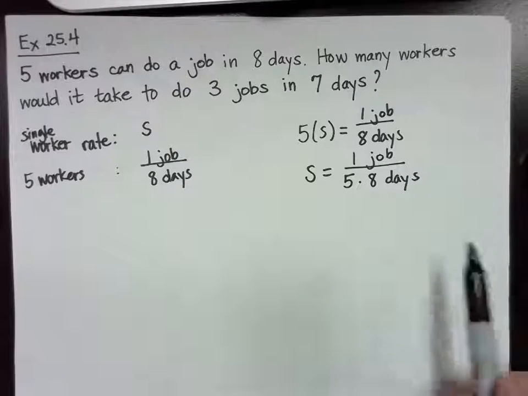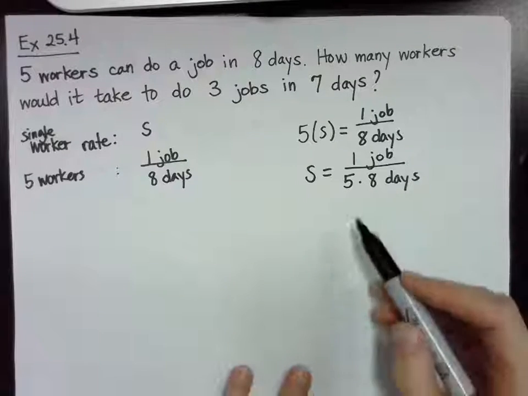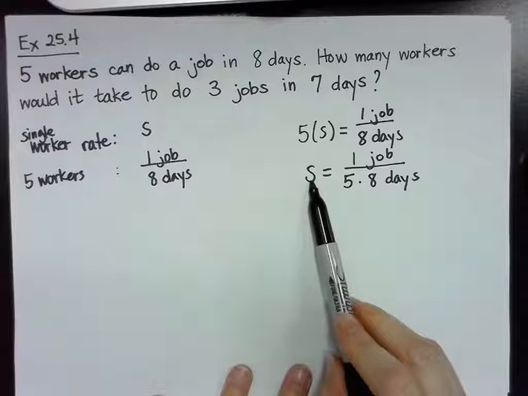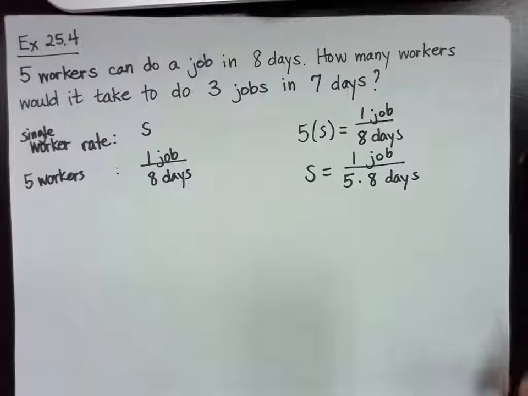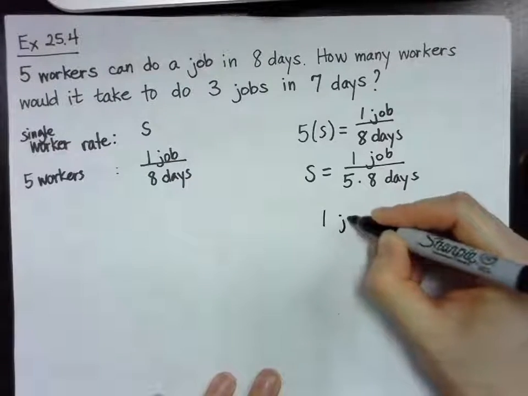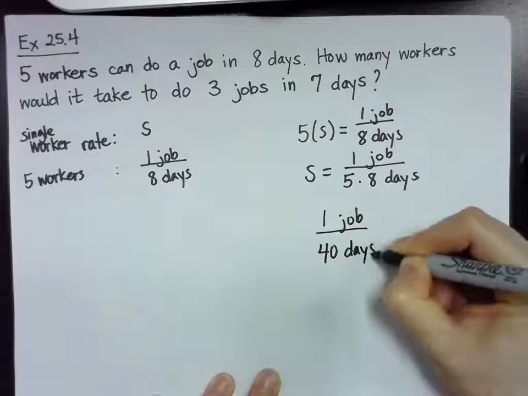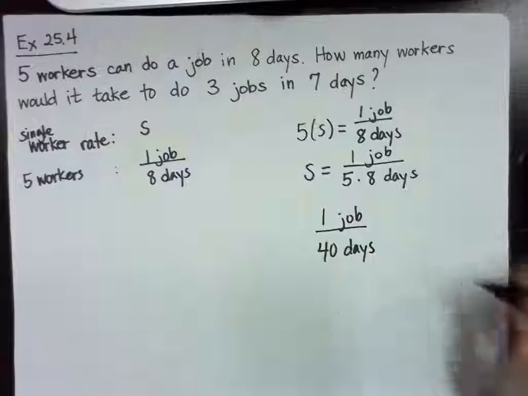And now they're going to ask us, well, how many workers is it going to take to do 3 jobs in 7 days? So we know that for a single worker, 1 worker can do 1 job in 40 days. So we might say 1 job is to 40 days for a single worker.